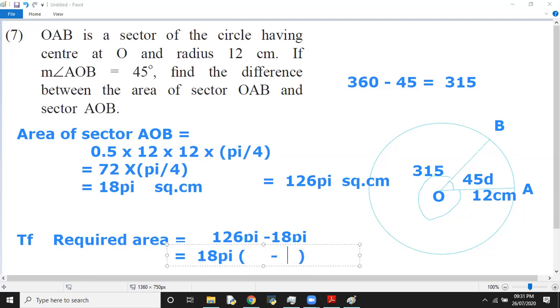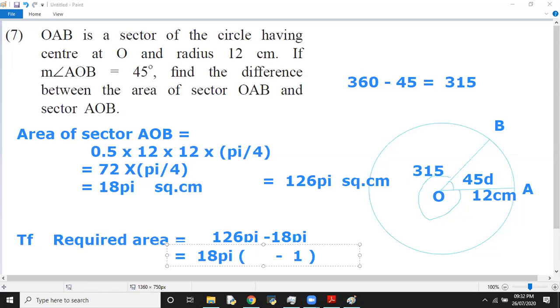Okay, this is 1. You will get final answer. You calculate 126 divided by 18 means you will get the 7. Okay, the answer is 7.